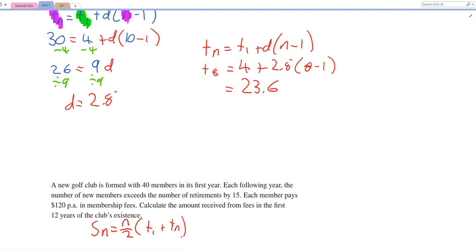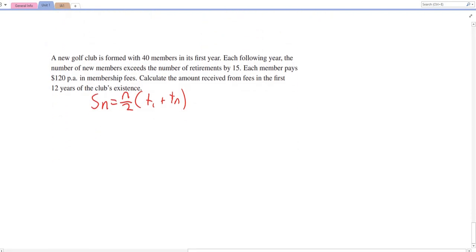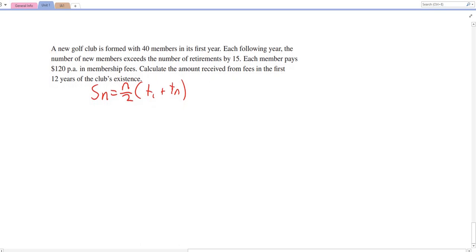So, do we know what n is going to be? It's 12. Do we know what T1 is? Yes, 40. What are we going to have instead of Tn? Which n are we finding? 12.